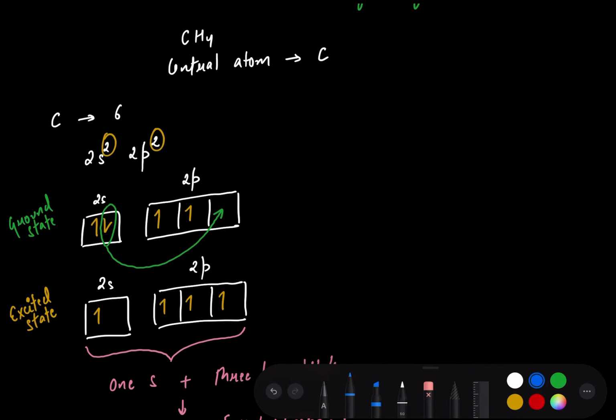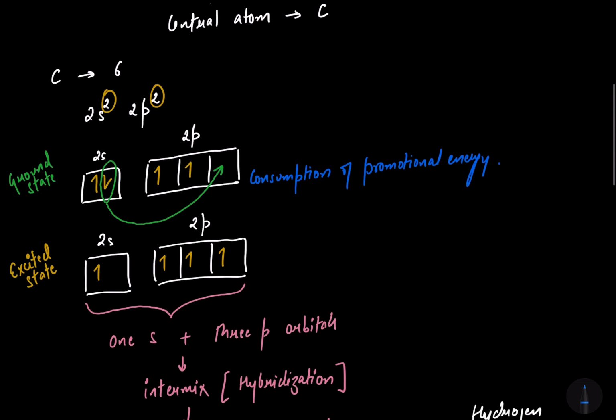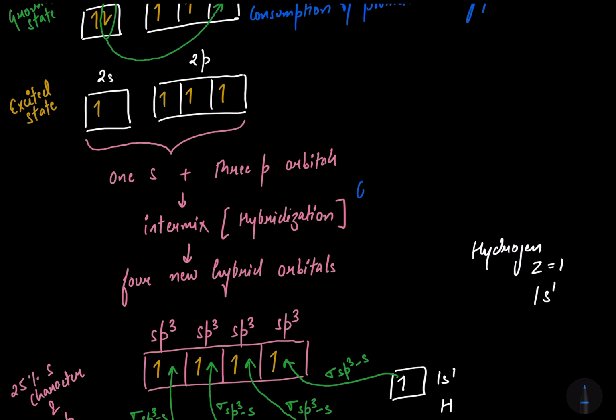Here, first of all, there's the consumption of promotional energy, because there's an excitation of electron or the promotion of electron from 2s to 2p. So there is the consumption of promotional energy. After that, during the intermixing, there's the consumption of hybridization energy.